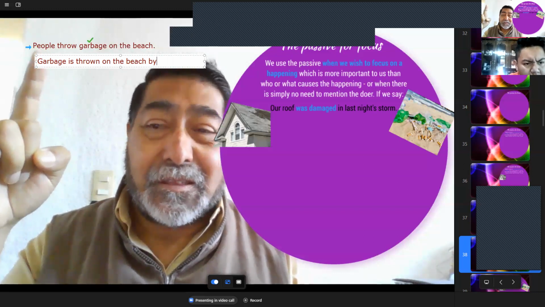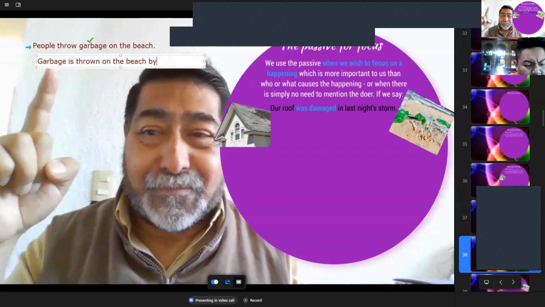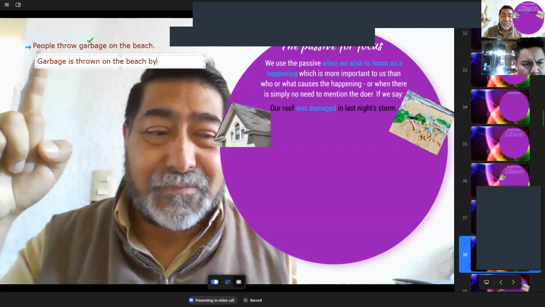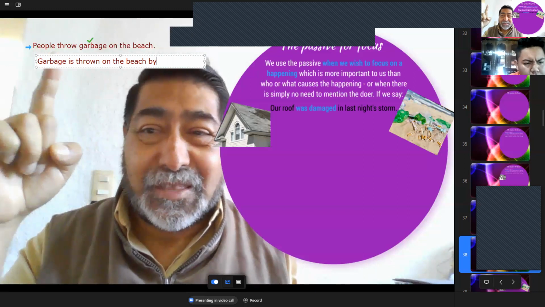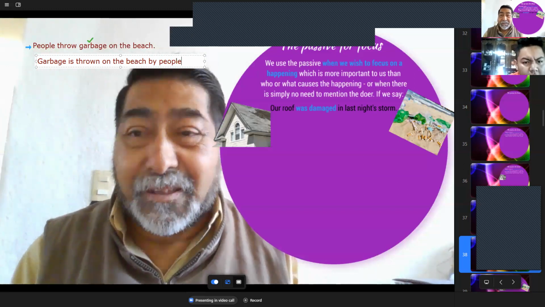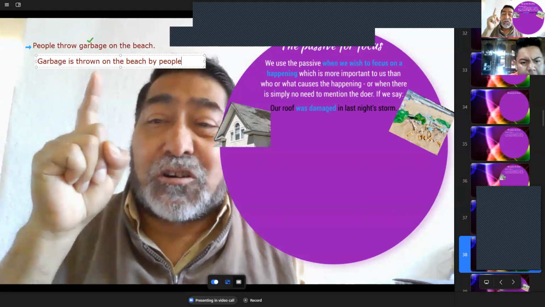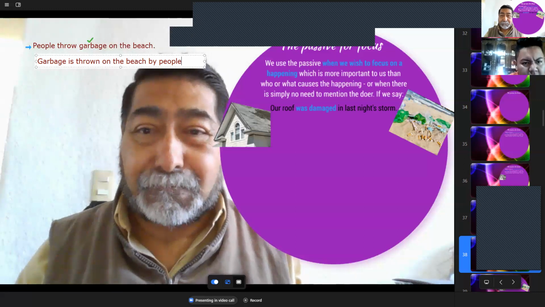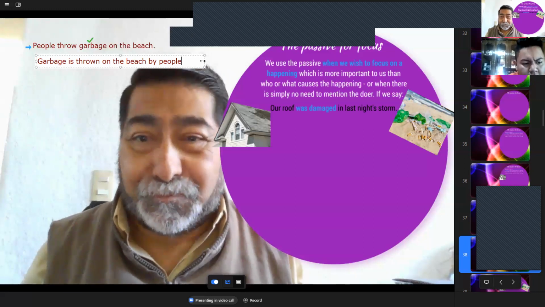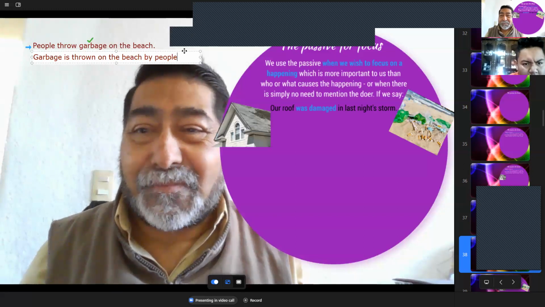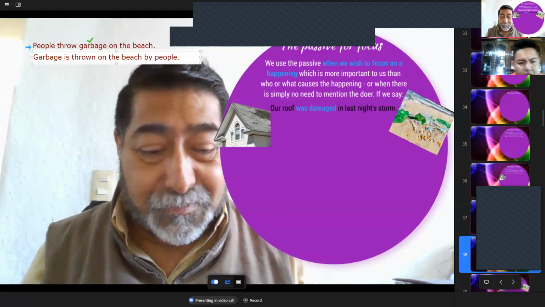La basura es arrojada a la playa por la gente, ¿no?